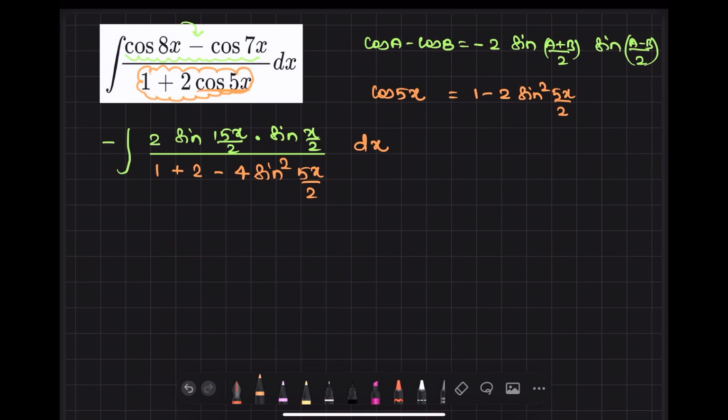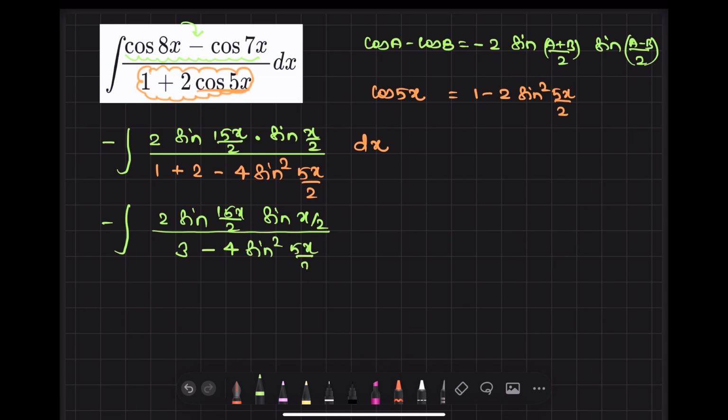Now look at this. So let's rewrite the question again. So we have this. Now if you observe the numerator, we don't have any problem, we can manipulate. So we have 2 sine 15x by 2 sine x by 2. We have a problem with the denominator, so we have 3 minus 4 sine square 5x by 2.